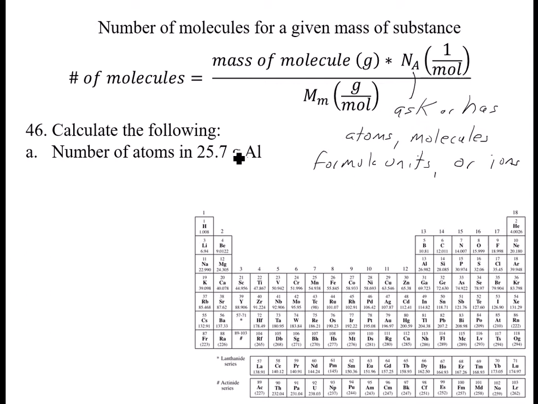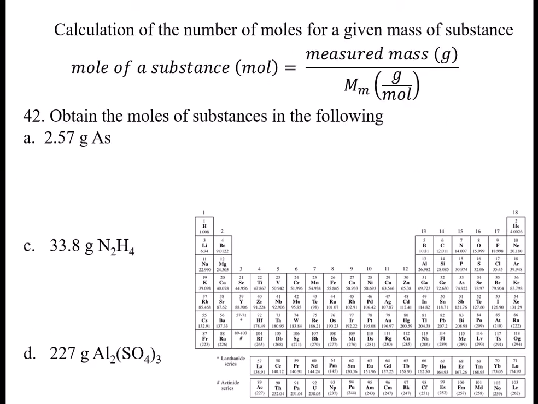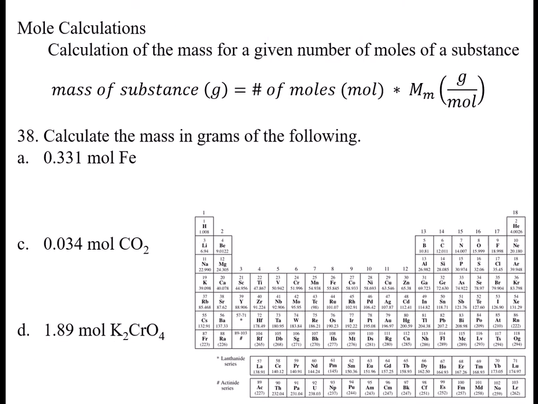So this one you see the word atoms. If we look back at these types of problems, you notice that this one does not have Avogadro's number, and it doesn't state that. It says moles of substance. It doesn't mention the word atoms, ions, molecules, or formula units. Same thing here. There's no mention of those words anywhere in this question.